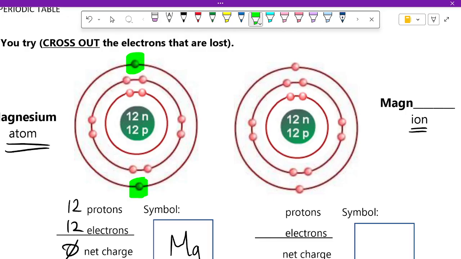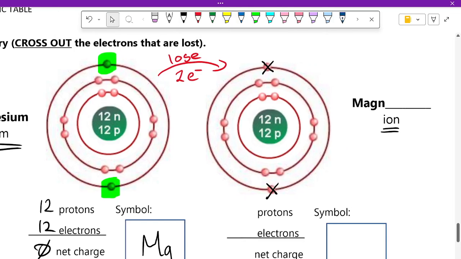It's going to lose 2, okay? So it is going to lose 2 electrons. And how you can show that is you can just cross them out. You can be like, bye-bye. So if you're given a Bohr model of the atom, you can just cross out the electrons that are lost, and that becomes the ion.